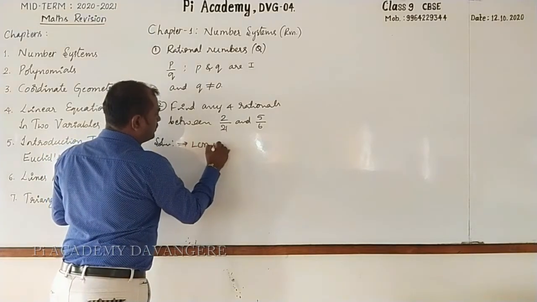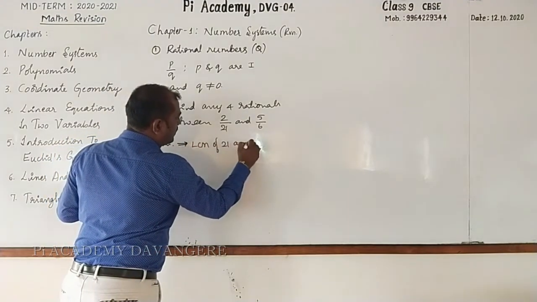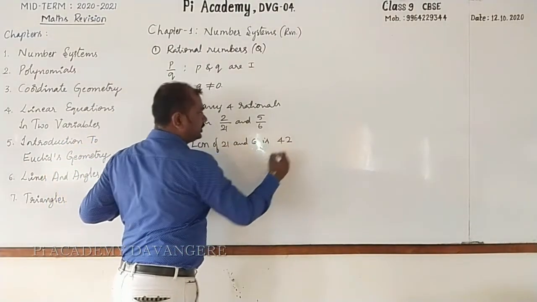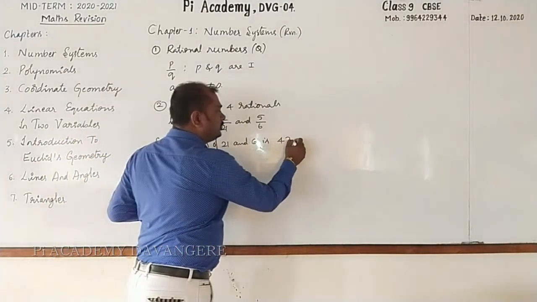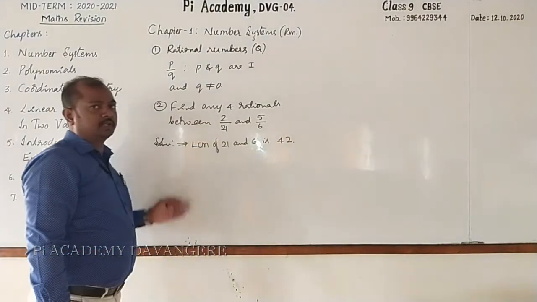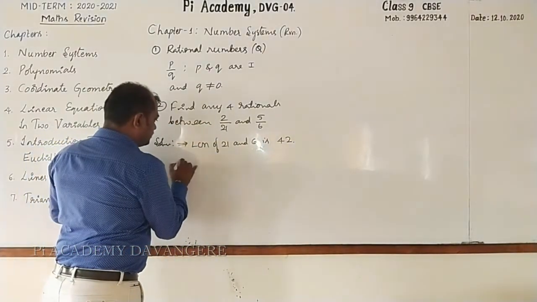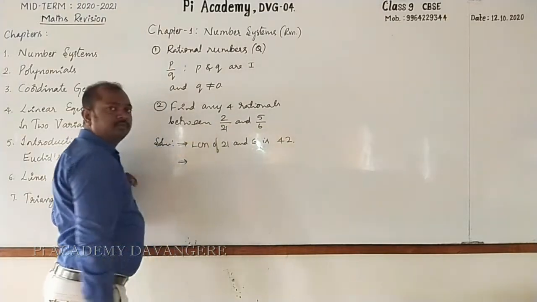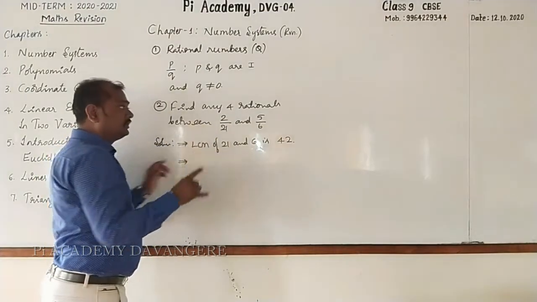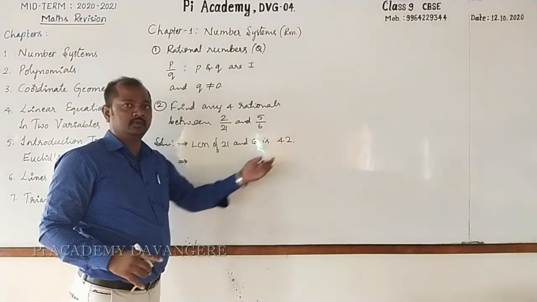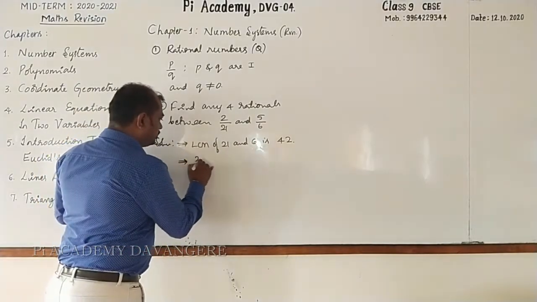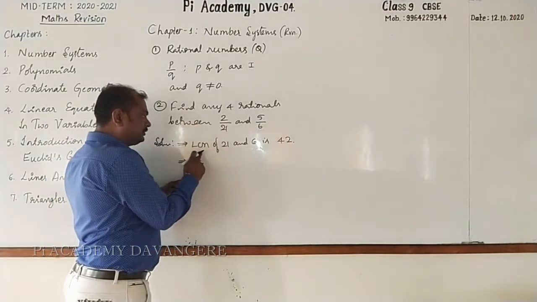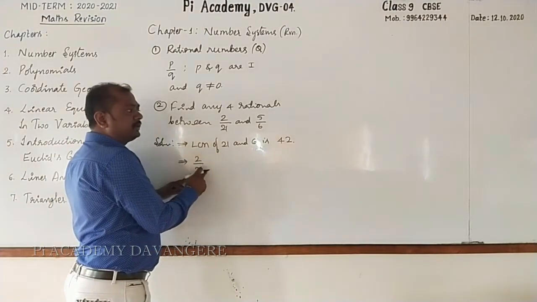LCM of 21 and 6 is how much? Very good. It is 42. If you do not know that, you can go for working it out in the working column. Next step. Now we have to write the equivalent fractions of these, such that the denominator should be 42. That is why, to find the equivalent fraction of 2 by 21, we have to multiply the numerator and denominator by the same number.